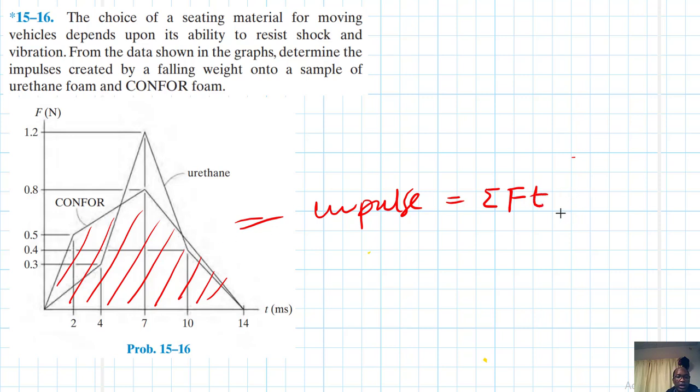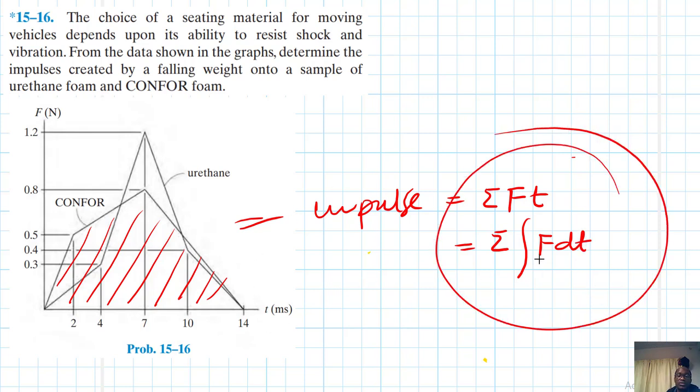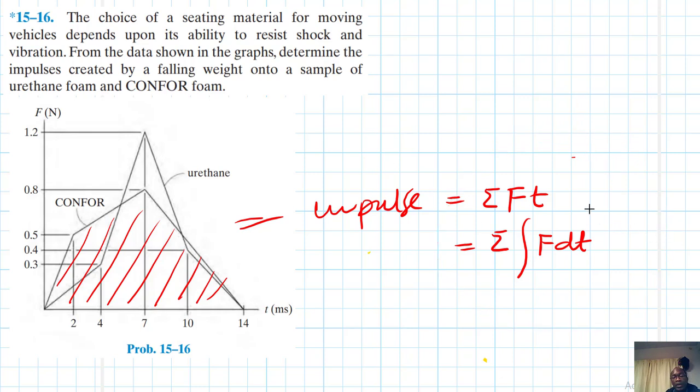Or you can say this is the summation of the integral of the force dt. So we can use either of these equations to find the impulse, and this is equal to the mass times the change in velocity, right?